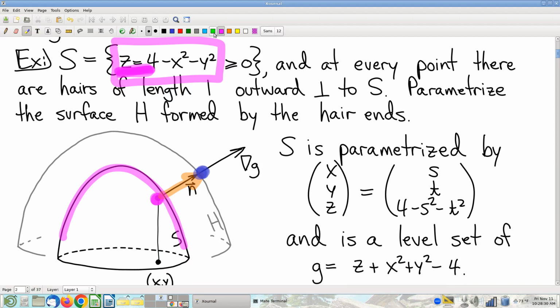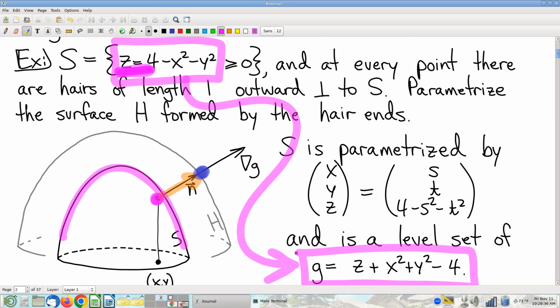Anytime you have a graph, you can rewrite that graph as being a level set of a different function. And now, do notice I did have to fiddle with the algebra. Right here, as written, this is a graph. It's a graph of this function 4 minus x squared minus y squared. It is not a level set of 4 minus x squared minus y squared. You got to move the algebra around.